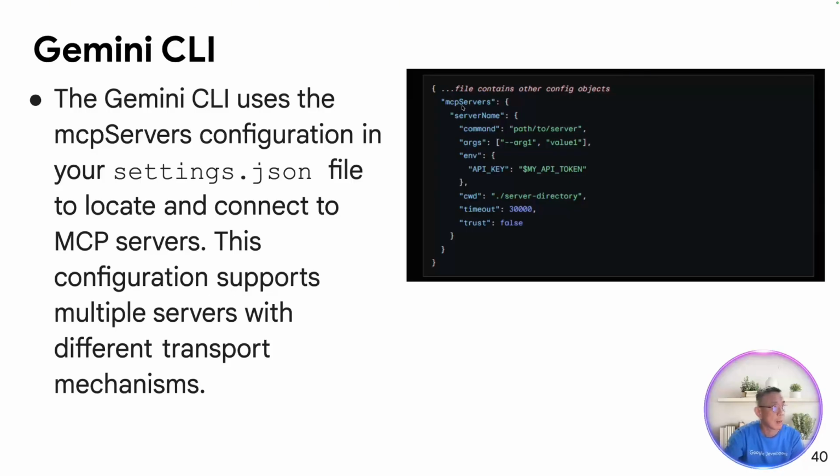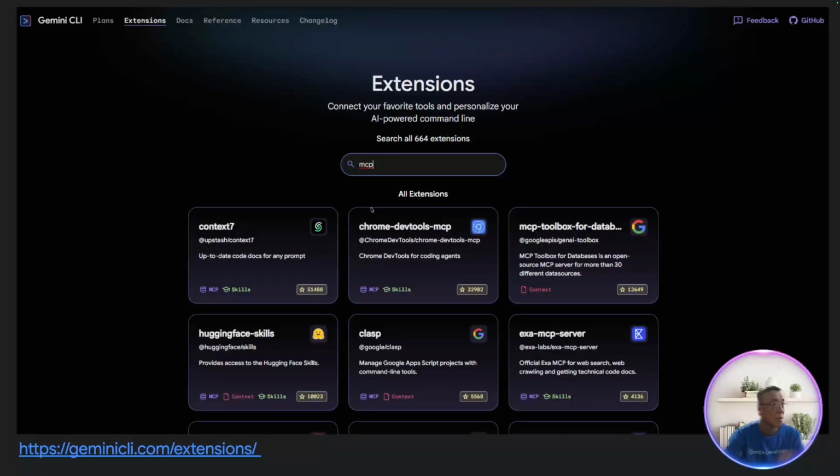You can just add the configuration into your settings.json file. Once you put in the URL and the API key, you should be able to connect.